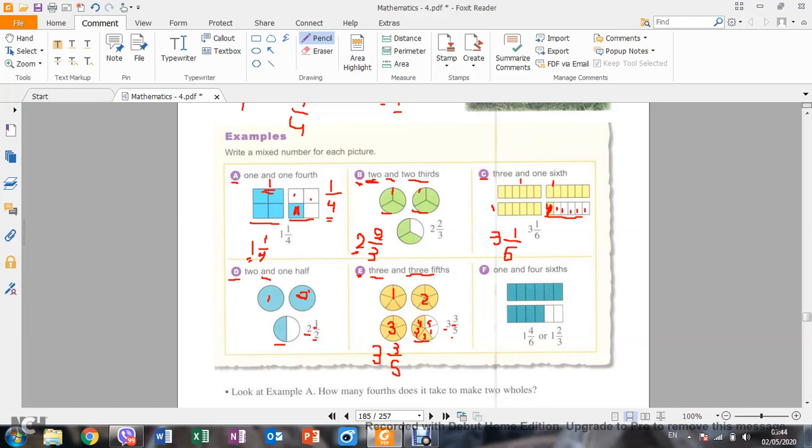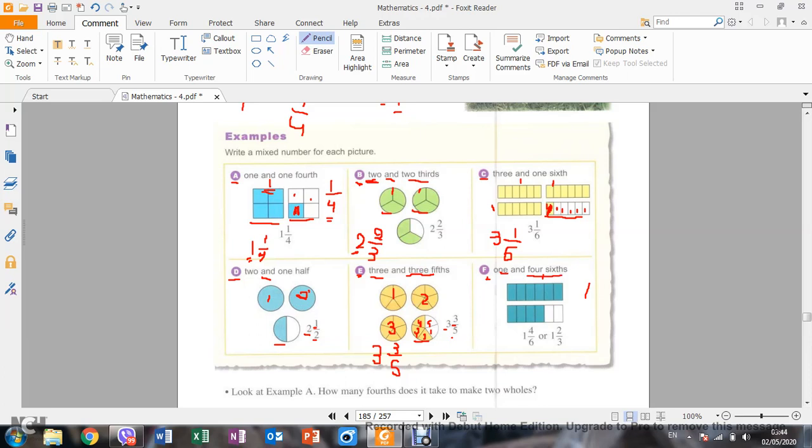And the last one, 1 and 4/6. I have 1 whole, and after that we have what?